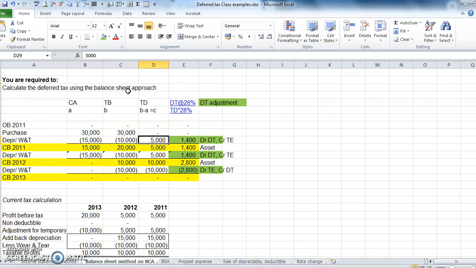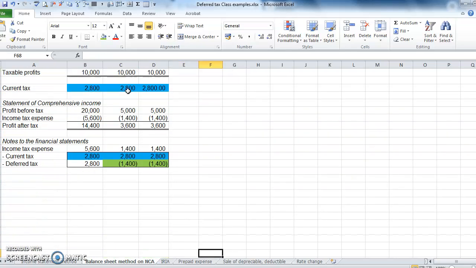Then for 2013, our closing balance was 0 and our opening balance was 2,800, so we had a 2,800 adjustment. The journal that we processed was that we debited our tax expense and we credited our deferred tax asset that we raised in the 2 previous years, because the 1,400 there and the 1,400 here give us the 2,800.